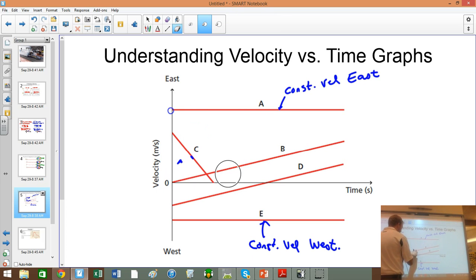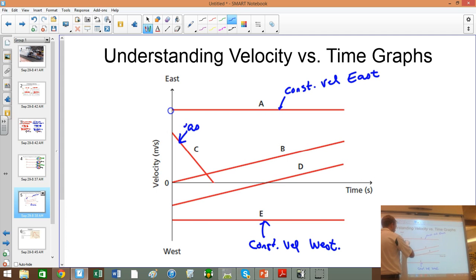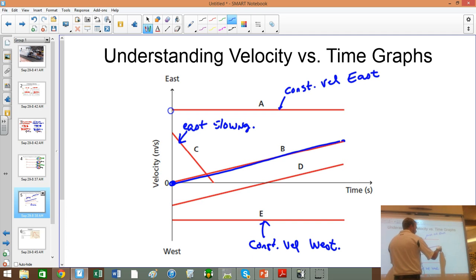So you're just going east, slowing down. This one right here, kind of the same thing, except you start off at a standstill, and then you end up going very fast. So here you're going east, speeding up.